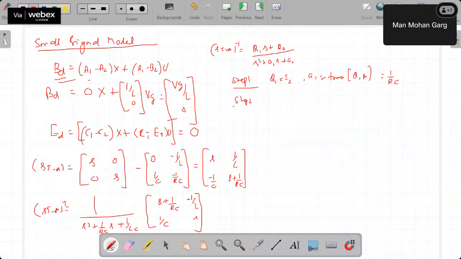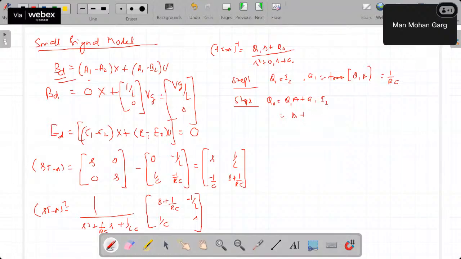Step 2. What will be step 2? Q naught is equal to, put n equal to 2 over there, Q1 A plus A1 I2. This is our Q naught. So Q1 into A, Q1 is nothing but I2 only, so it will be the same as A only, plus A1 into I2.